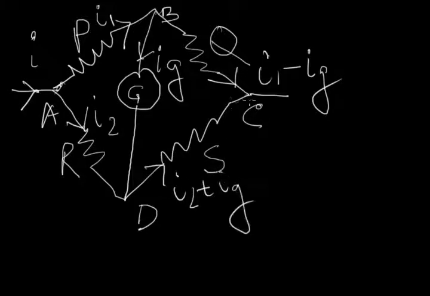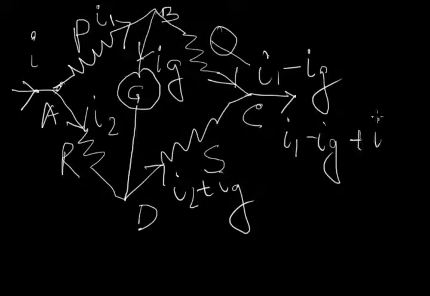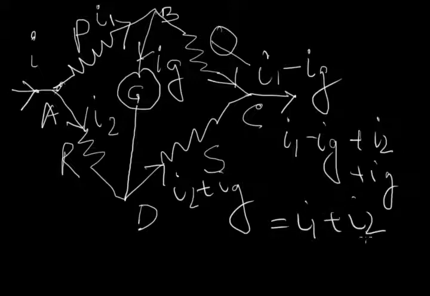And if you can calculate the current here, this is I1 minus Ig and then plus I2 plus Ig, which happens to be I1 plus I2, which happens to be I. So this is the application of the bridge as far as Kirchhoff's current law is concerned, and now we'll go to the KVL part of the bridge, where we apply the voltage law.